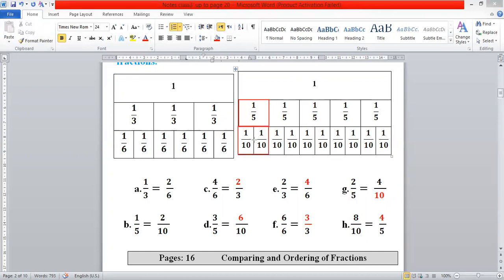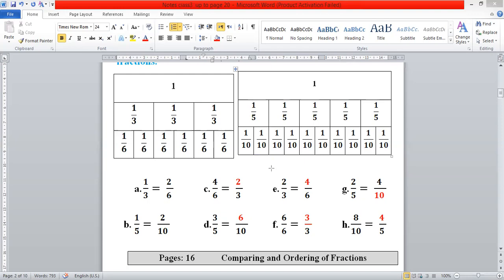Therefore, 1 over 10 plus 1 over 10 is equal to 2 over 10. This 1 over 5 is equal to 1 over 10 plus 1 over 10. This portion consists of two parts, 1 over 10 and 1 over 10. When we add them, we get 2 over 10.